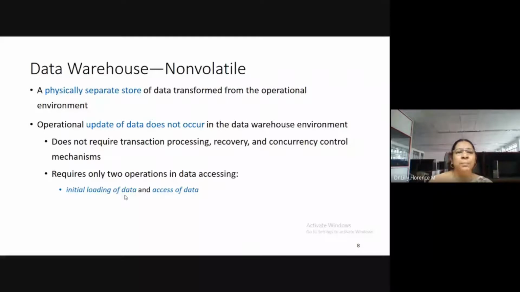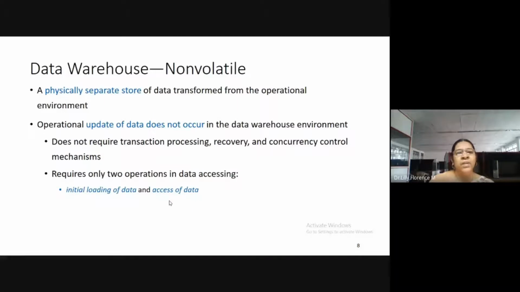Operational update of data does not happen in a data warehouse. That is why it is non-volatile. Only two main operations we perform on a data warehouse: initial loading of data and access of data.